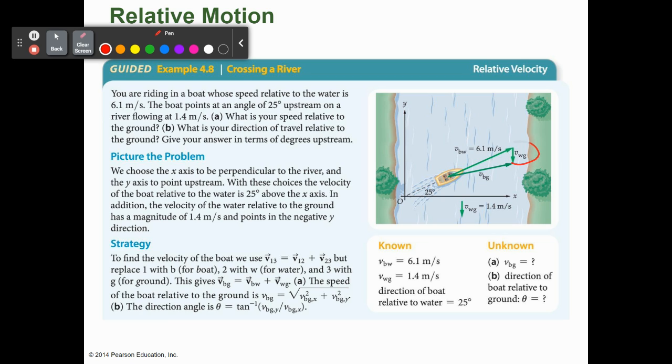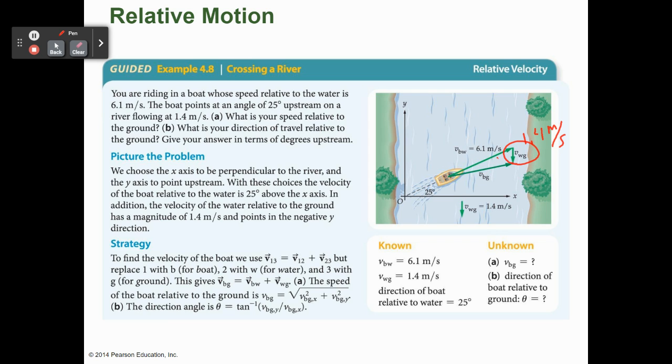So that's going to be this one right here, because it's flowing downstream, so that's why that vector is going in that direction. Boat to the water is 6.1, the water is 1.4, and this is 25 degrees. No, it's 25 degrees with the x-axis. Sorry, let me erase that.